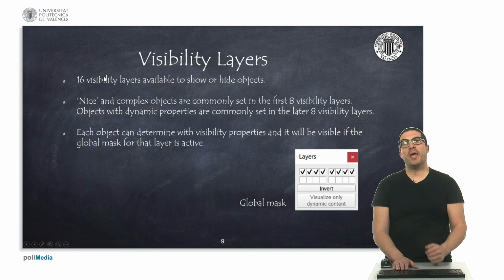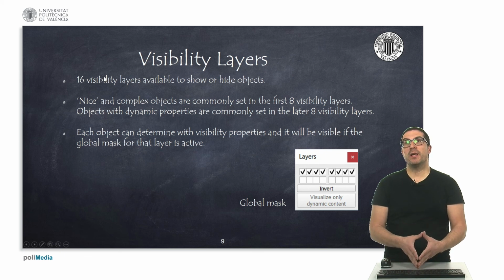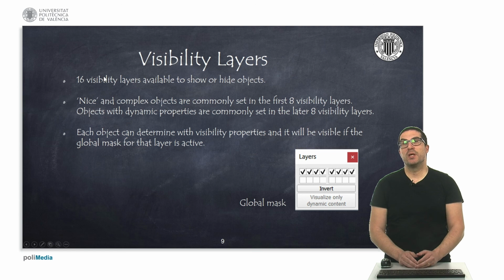And the following 8 layers are usually used to show simple objects, which are part of our simulation, mostly affecting our physics engine. Usually we can include here pure objects or maybe convex objects too, and also joints. These objects are usually hidden in our simulation, and this can be controlled using a global mask.